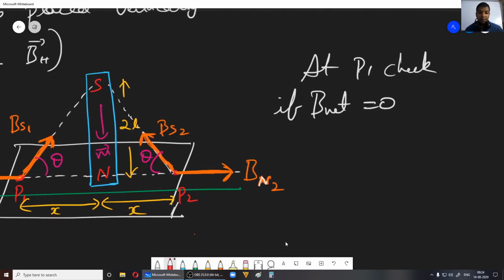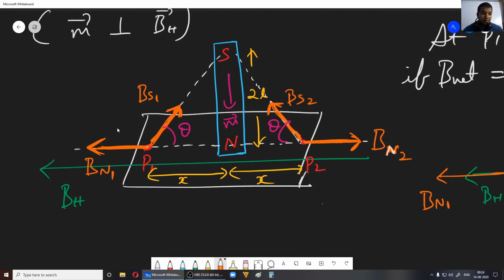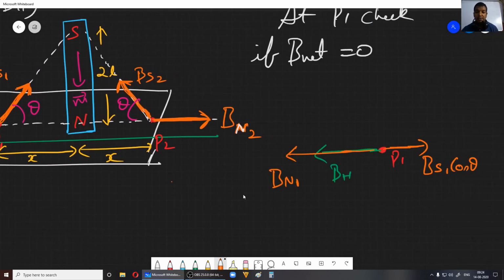See, this is point P1. Is it not the same cos theta here? You just have to project this Bs1 onto that white dotted line, that is, onto the horizontal plane.